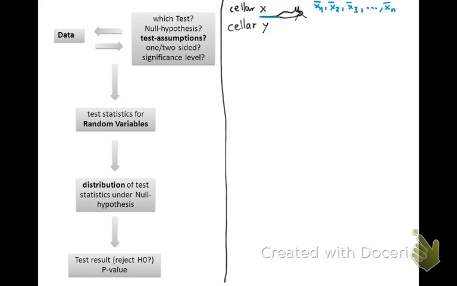In cellar Y we observe tail lengths y1, y2, y3 and so on till ym.